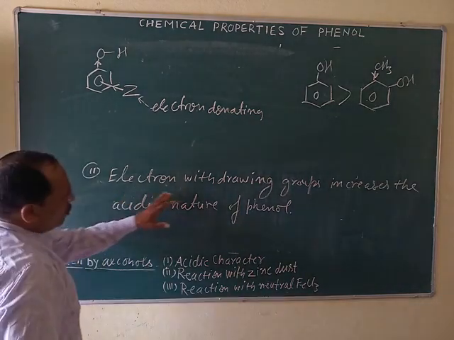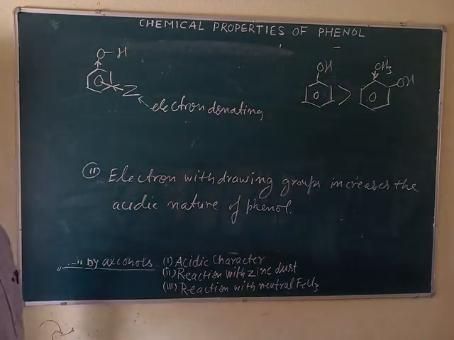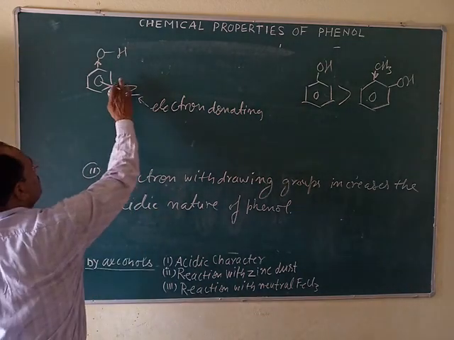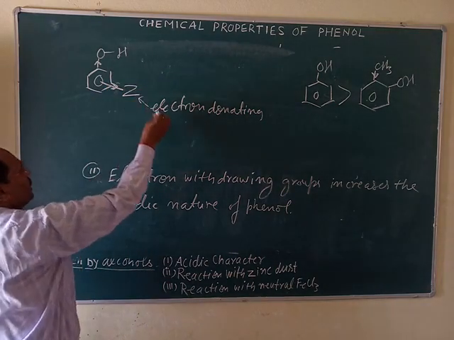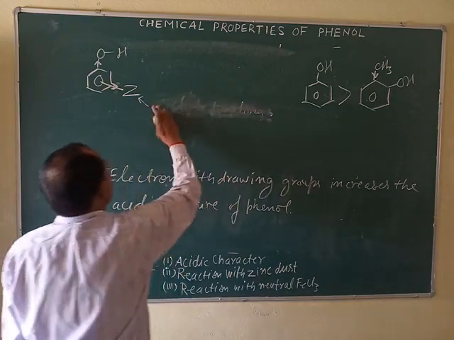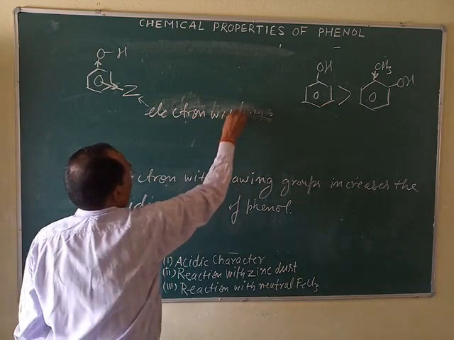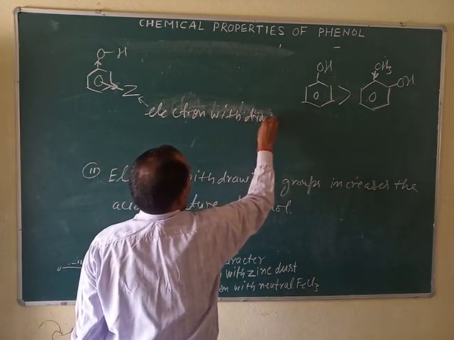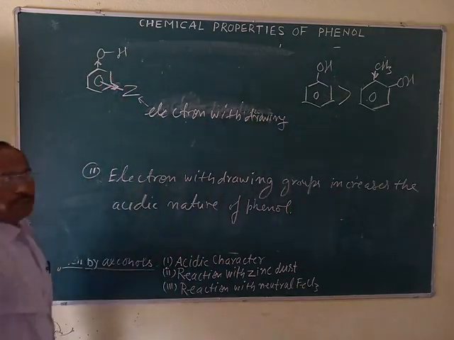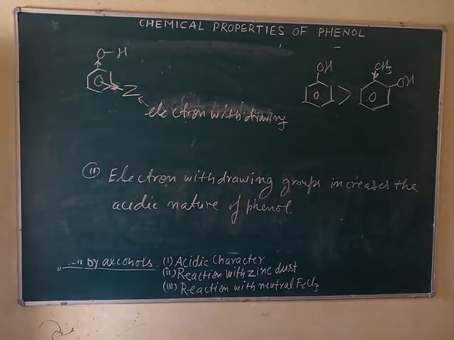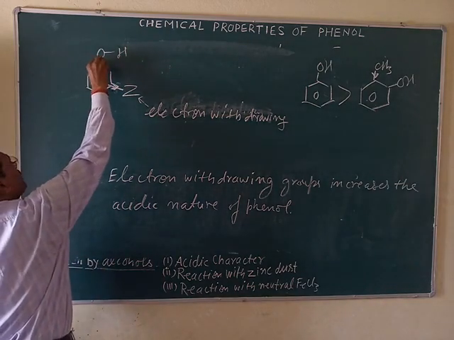Now, an electron withdrawing group increases the acidic strength of phenol. Suppose Z is an electron withdrawing group. Electron withdrawing means it withdraws electron from the benzene ring. Then electron density on oxygen also decreases.